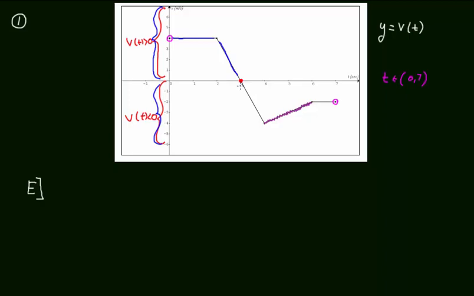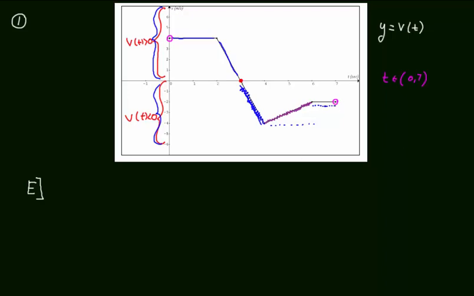Well, here, the velocity is negative because the graph is below the axis, but acceleration is also negative. So the particle is speeding up here. On this shaded purple interval here, the acceleration is positive while the velocity is negative, so the particle is slowing down, and the particle certainly is not speeding up here because acceleration is zero.